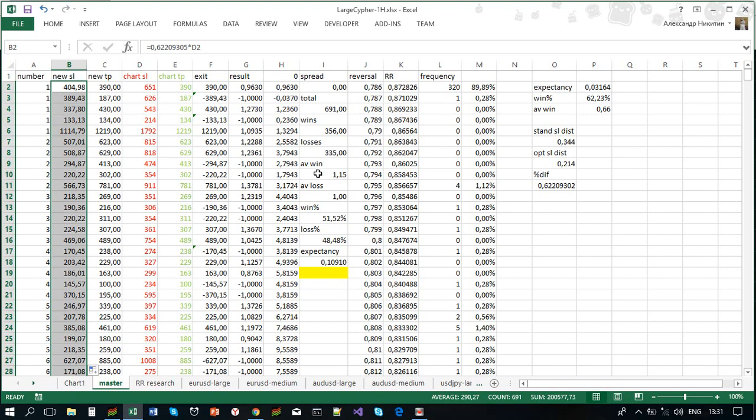And look what happened. The average win turned into 1.15 instead of 0.66. Of course, the average loss decreased. Win percentage decreased. We had 62 win percentage, but now we have 51 win percentage. But look at the expectancy. The expectancy is very important. The expectancy turned from 0.03 into 0.10.